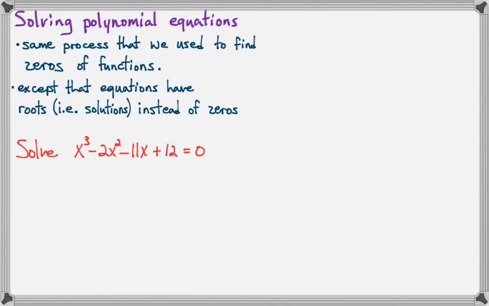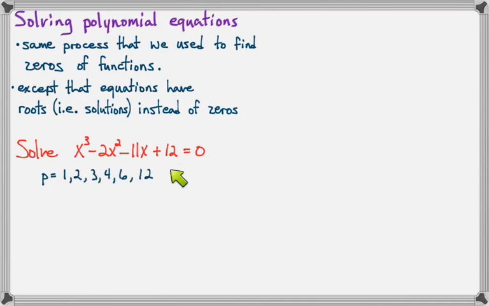So we're going to look at how to solve x to the third minus 2x squared minus 11x plus 12 equals 0. And again, just note that our previous factoring methods that we learned earlier in the semester would not do the trick here. We don't have any factoring methods that would let us tackle something like this. So the only way to get at it is to make a P over Q list.